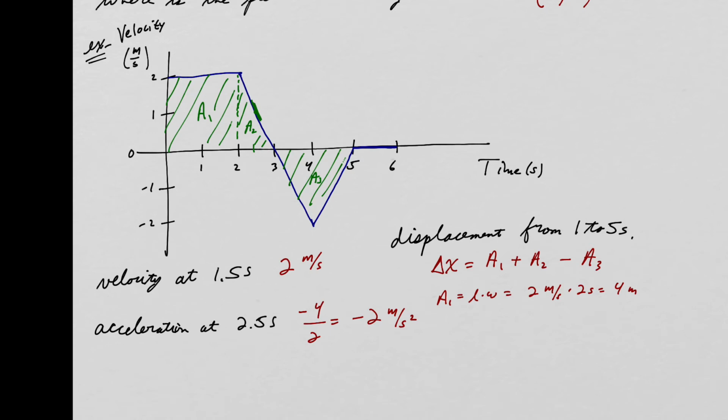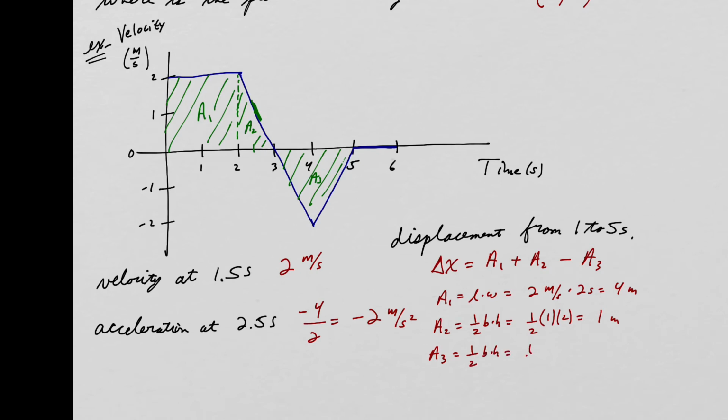Area 2 is a triangle, so that's 1/2 base times height. So it'll be 1/2 times, I guess the base is 1, the height is 2. So that's going to be 1 meter. And area 3 is another triangle, so 1/2 base times height.